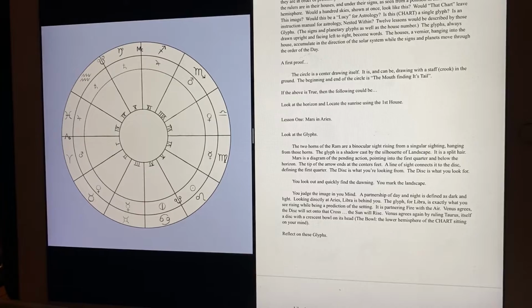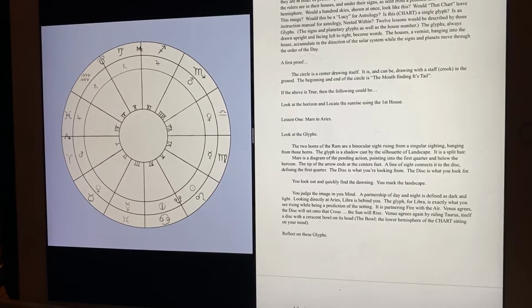Now, that's not a joke. Mercury always stays that close to the sun, and so does Venus. Mars is the first planet in the series of ruling planets that can and does appear in the night sky proper with the sun entirely below the horizon.